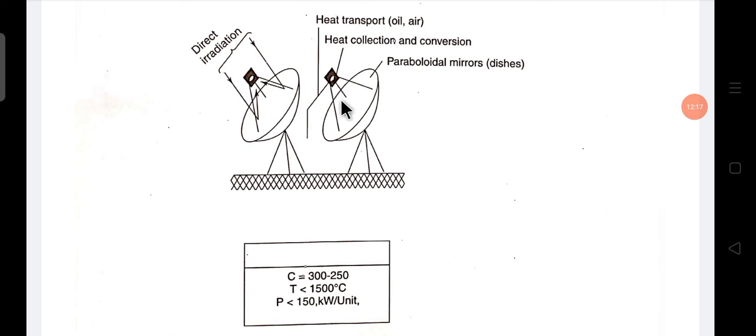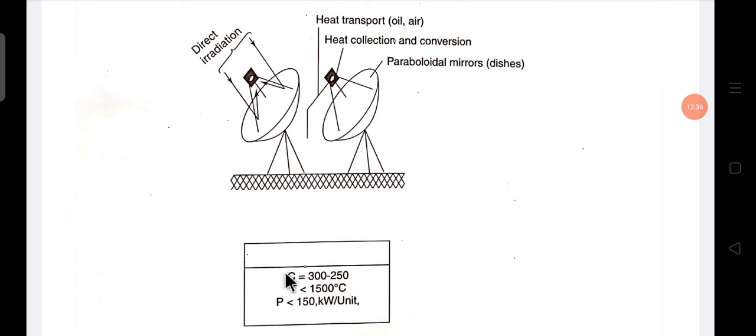And here only direct radiation is used. When direct radiation falls on the dish, it reflects and focuses all the radiation to the absorber, and we get heat from the absorber by the transporting oil, okay.